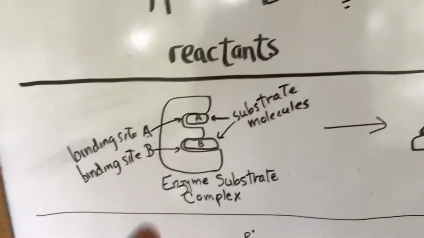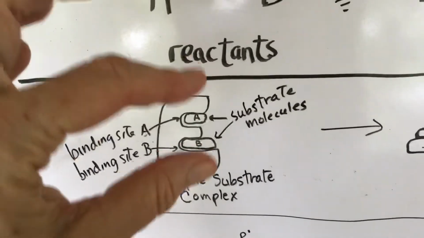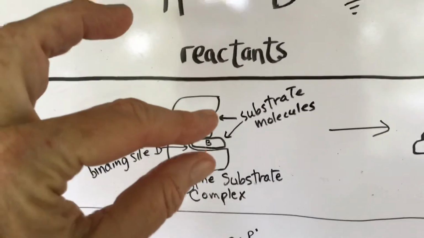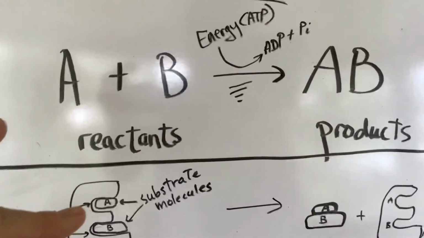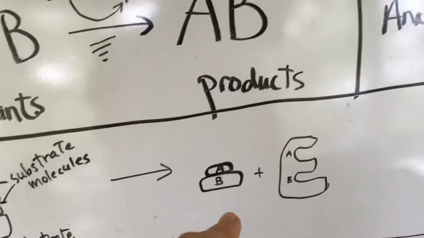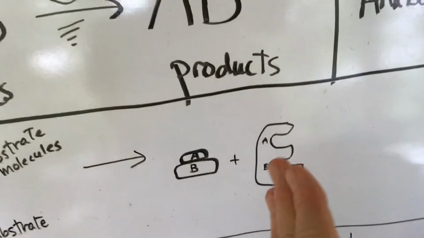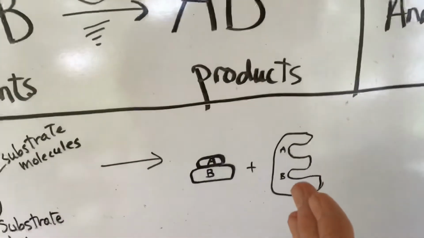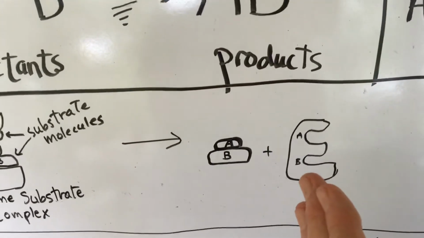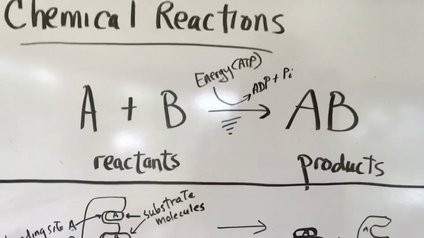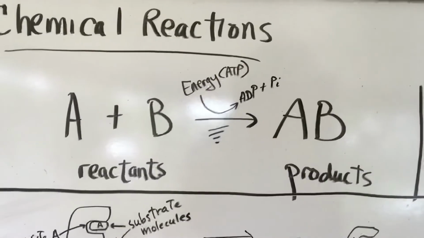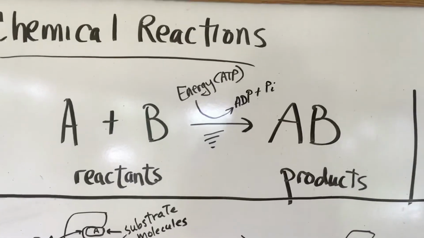But anyway, the enzyme is going to help the association of A plus B. Then all I have to do in this case is provide the energy. And what do I have? I have AB as a molecule. And the enzyme then would be left to go do another reaction. That is, it would be left to do this reaction again, because presumably in the cell, I want a lot of AB. All right, that's kind of the point.